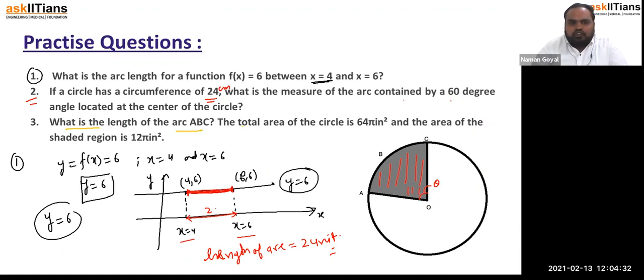The total area of the circle is given as 64 pi inches square, and the area of the shaded region, that is the sector area, is given as 24 pi inches square.